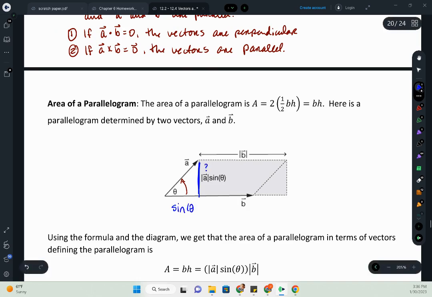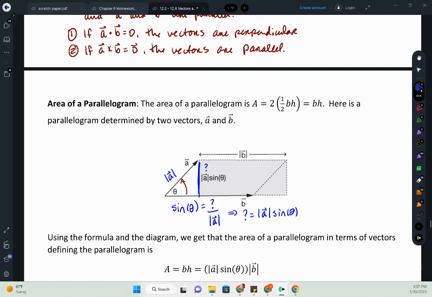Sine of theta is equal to the opposite, so that's going to be the question mark, over the hypotenuse. Our hypotenuse is over here. It's the magnitude of the A vector. That's the length of the A vector. Okay, so then we can solve for the question mark. Question mark is going to be the magnitude of the A vector times sine of the angle.